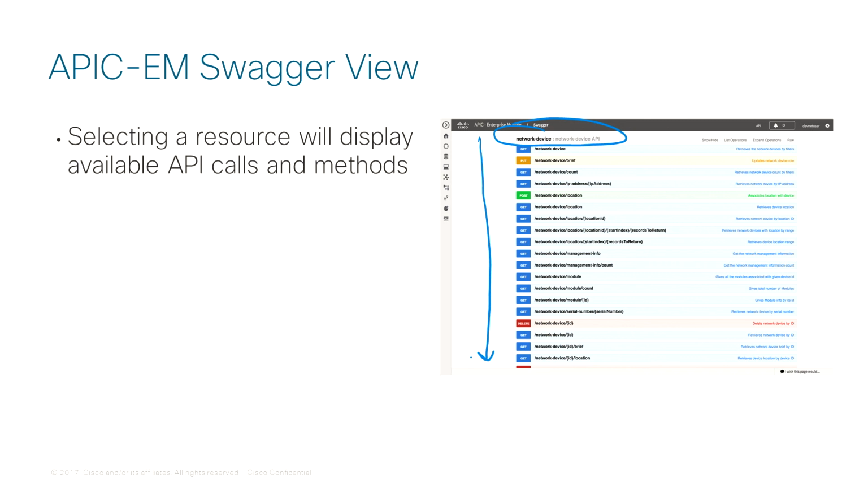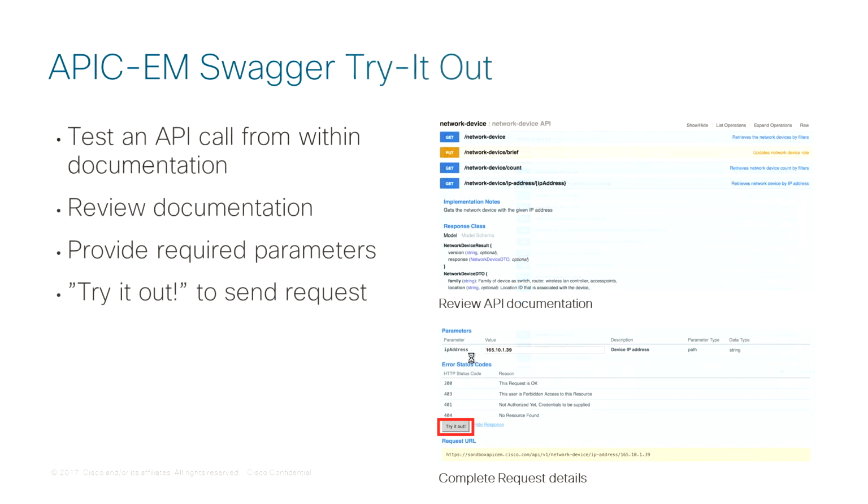Now, once you select a specific API call, we'll get the ability to actually read all of the documentation that's there. So in this case, we've selected the API call for get the network device by IP address information. We can see all the documentation is provided here underneath the API call inside of Swagger.